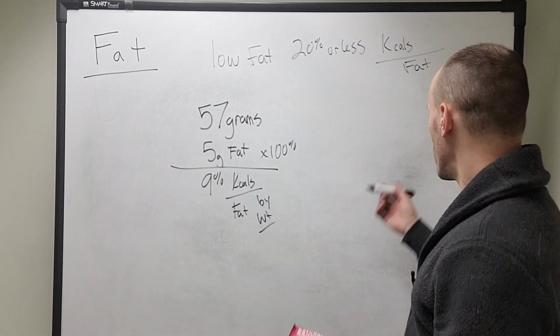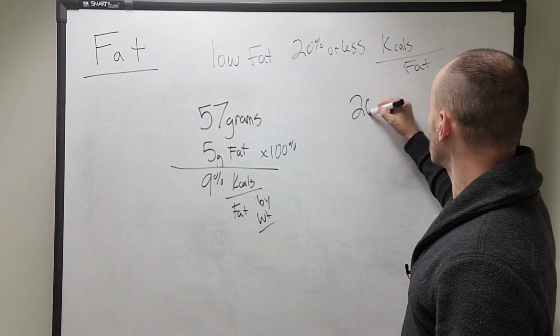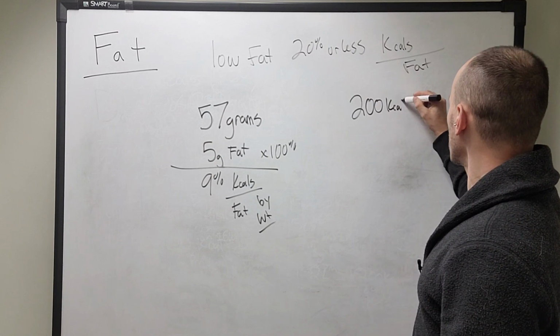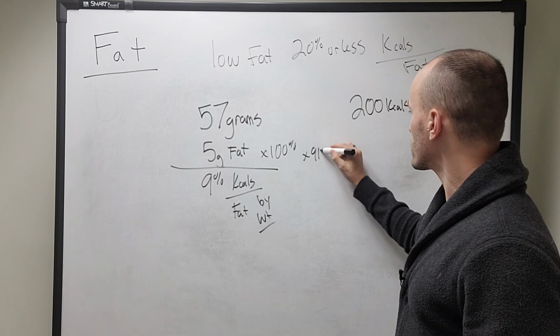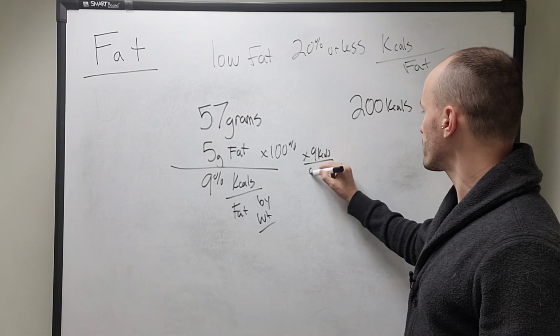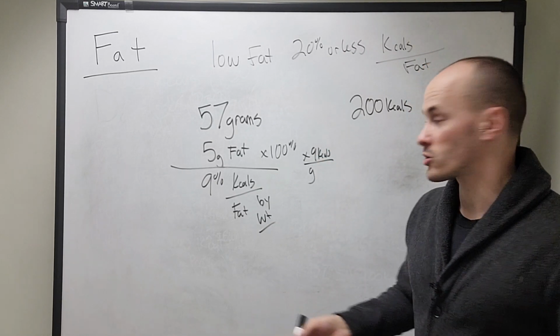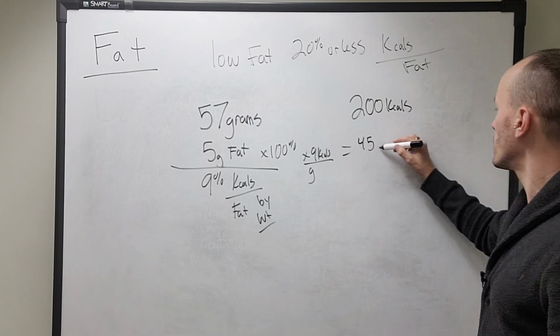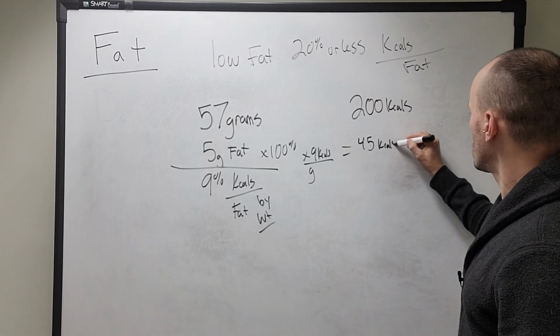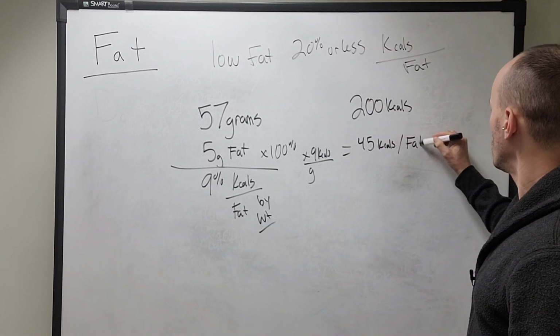If you use my method, this product has 200 calories. Now, 5 grams of fat times 9 kcals per gram, right? Because there's 9 calories per gram of fat, gives you 45 kcals from fat.